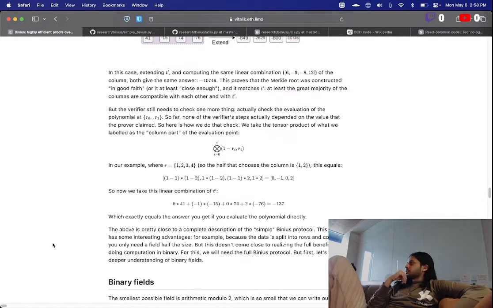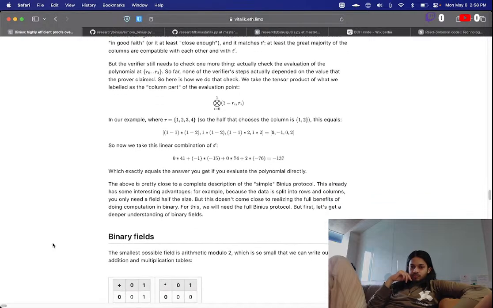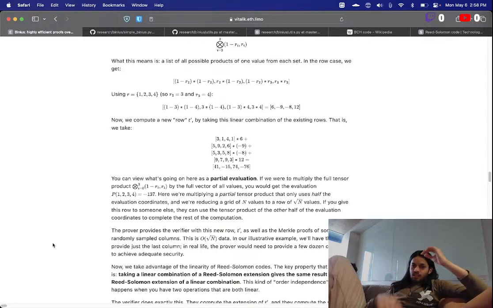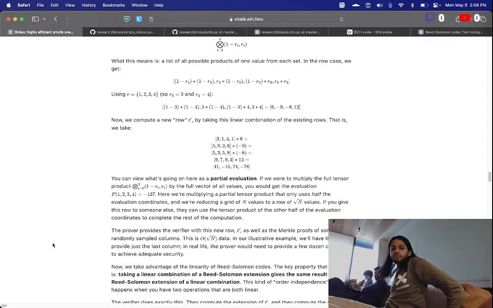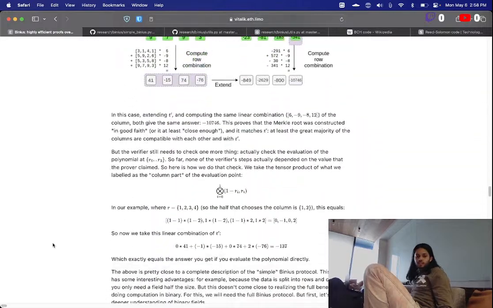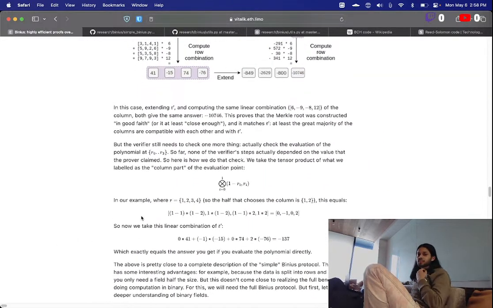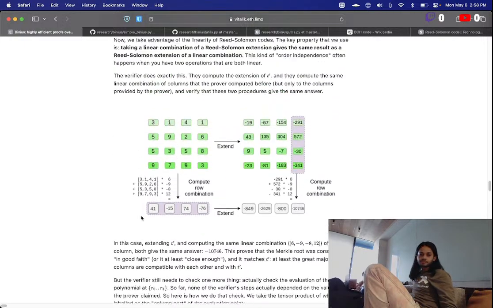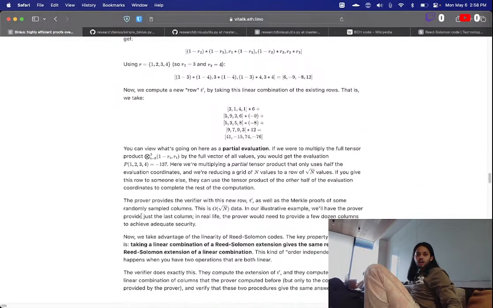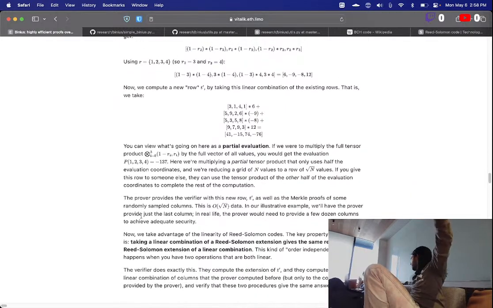I figured out where they got negative 137 from. Basically, the two things to connect here are the section where he first mentions negative 137 as the full tensor product over all three R's, and the second section where he actually calculates that negative 137 one value at a time. In this tensor product over all the values, the value in the top left is going to be 1 minus R1 times 1 minus R2 times 1 minus R3 times 1 minus R4.